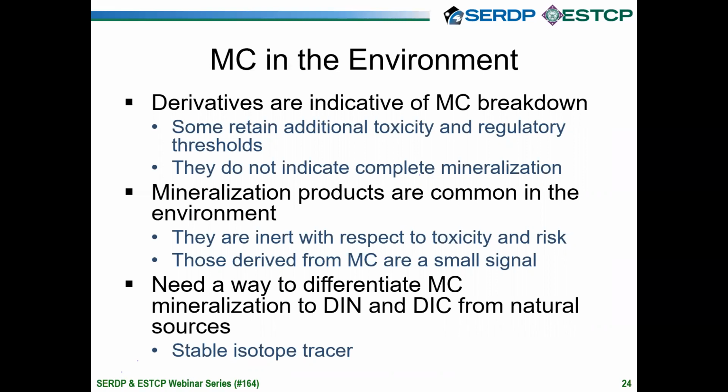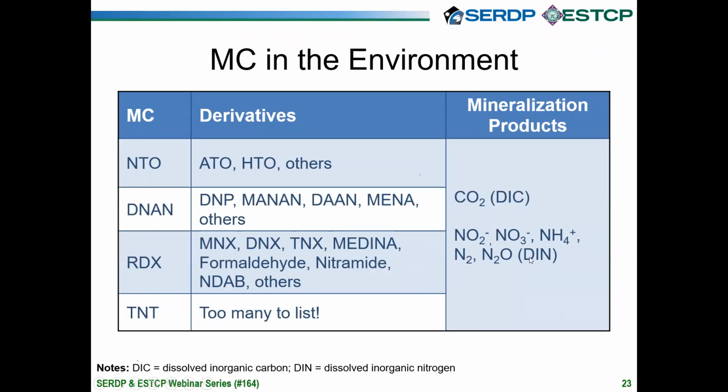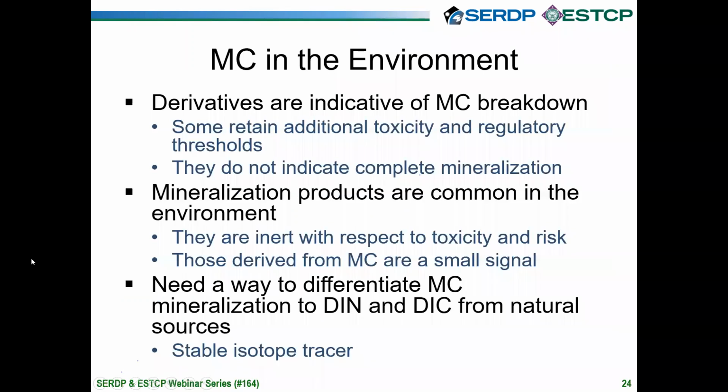So by going after the mineralization end products, what we're after is being able to demonstrate how much of these munitions constituents were fully decomposed into inert products, those DIC and DIN species, because those have absolutely no toxicity associated with them, and thus no additional human health or ecosystem risk.